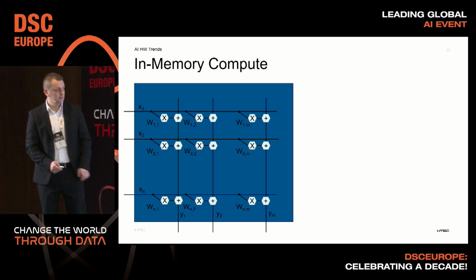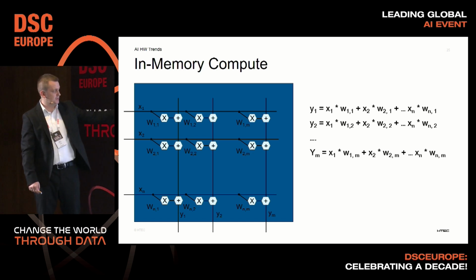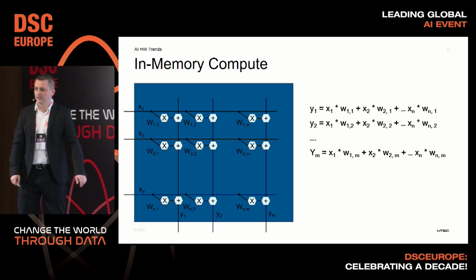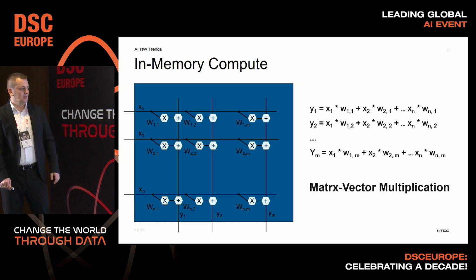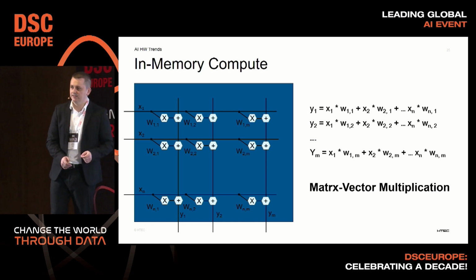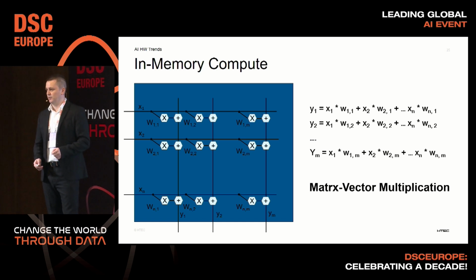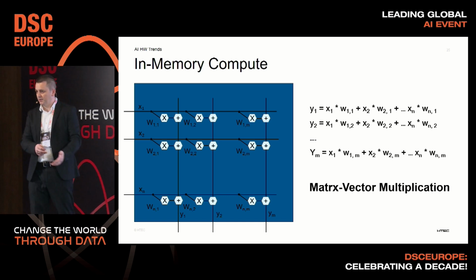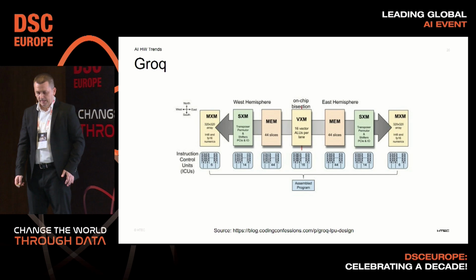And if you just write what is happening on those wires, if this is input, output is on the left side, on the bottom side, basically we have a matrix vector multiplication. Right now there are several different companies creating something called digital in-memory compute that will significantly reduce the overhead. Data is already there, we just need to multiply and add.